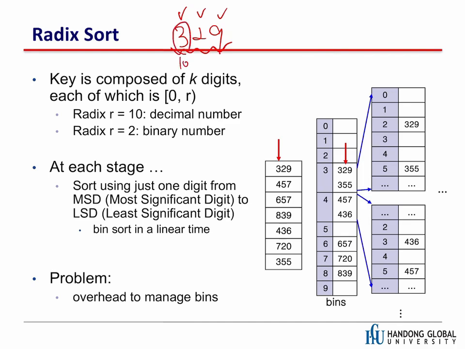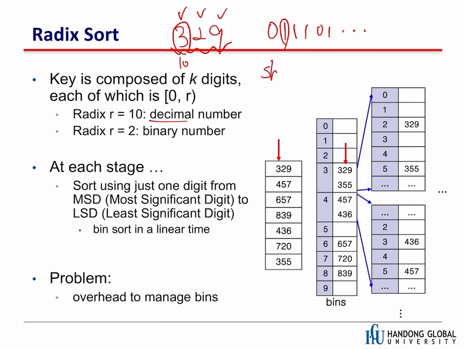And each digit is one of 10 numbers, from 0 to 9. If it is a binary number, like 0, 1, 1, 1, 0, then each digit could be either 0 or 1. This is why we call it a binary number. So a decimal number has 10 choices.